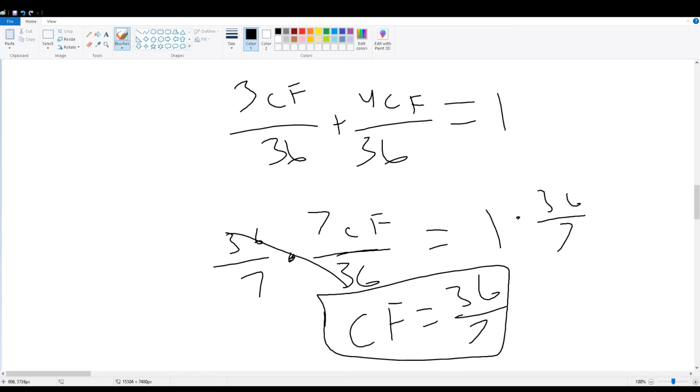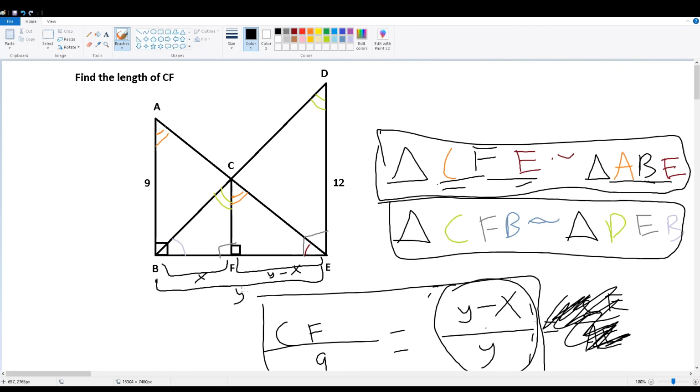That is our answer. And we've actually proved something very cool here. It doesn't matter the distance between B and D, the height of the intersection between the hypotenuses of both of these right triangles is always going to be 36 over 7.